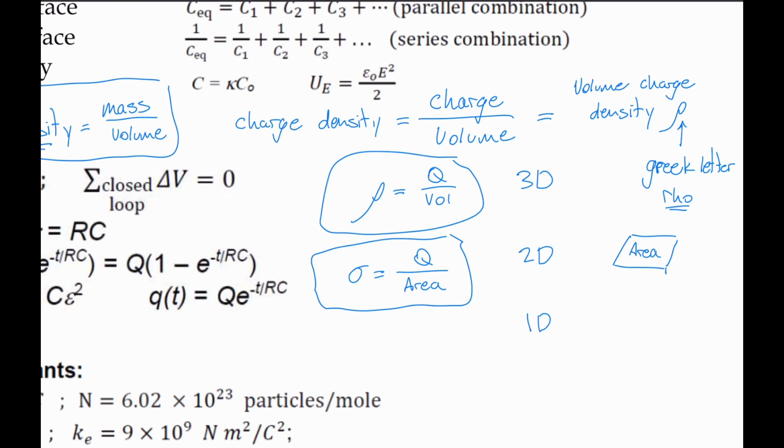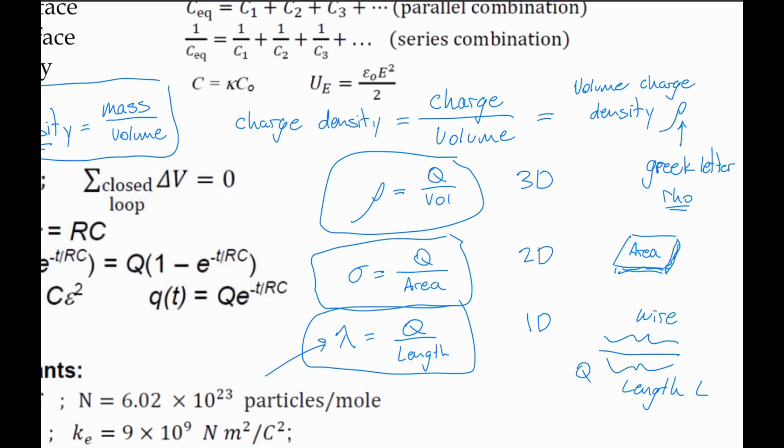It has a super, super small thickness, but this thickness is negligible. Okay, and in 1D, you use the letter lambda. So this is charge over length. And this would be if you had a wire of length L and total charge Q.